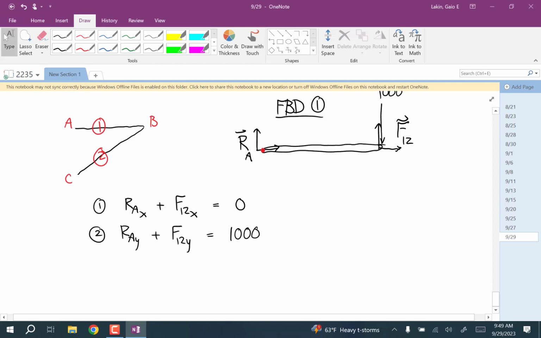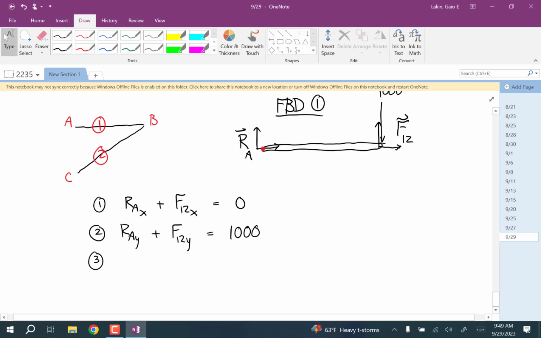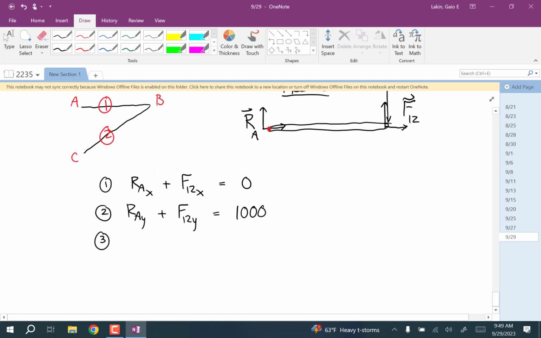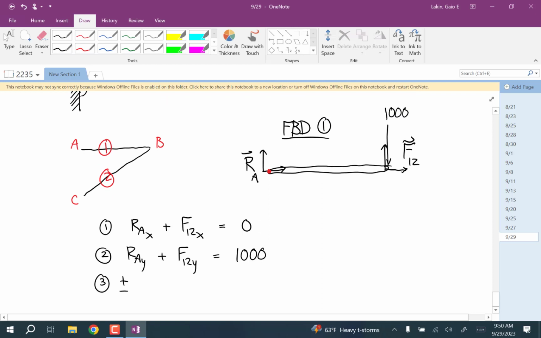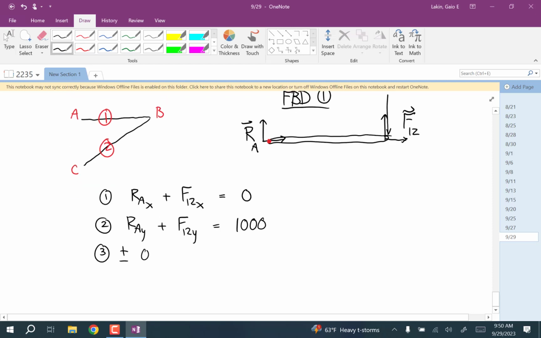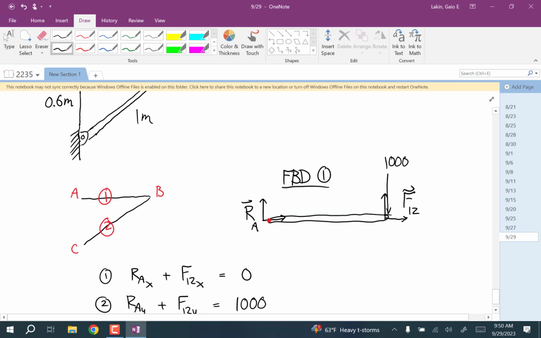And then the third one is the moment equation. RA doesn't produce any moment. Okay, and then there's a moment arm of 0.8 on this downward force of 1,000. With this red about point, would that 1,000 Newton force make this body rotate clockwise or counterclockwise?